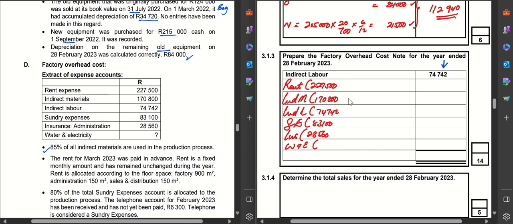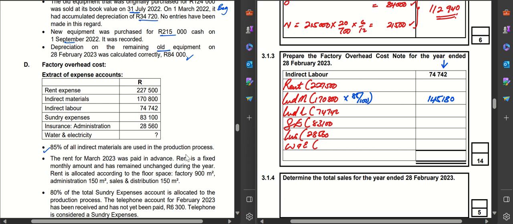So we're going to come here, then we say indirect materials multiply by 85%. So that is what we're going to bring in this last column here. If you punch that on your calculator, you should get 145,180.